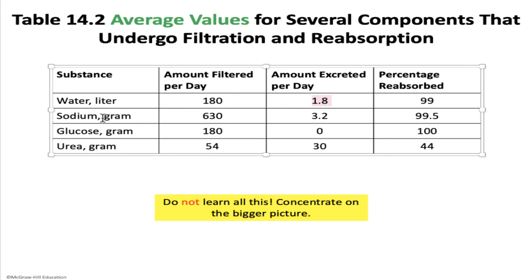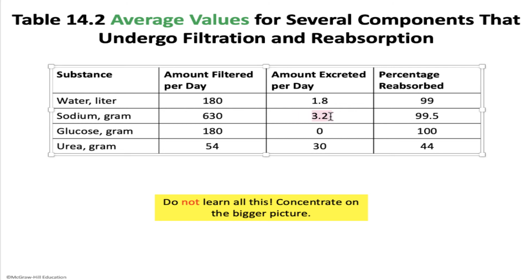How about sodium? Well, this is in grams now, not liters. So 630 grams of sodium are filtered every day. And even more of that is reabsorbed, 99.5%. So only about 3.2 grams of sodium is lost on a typical day.